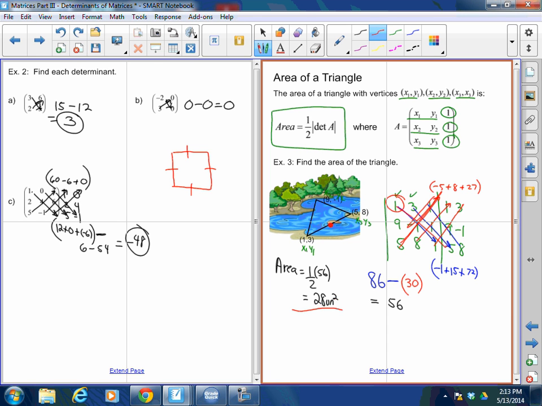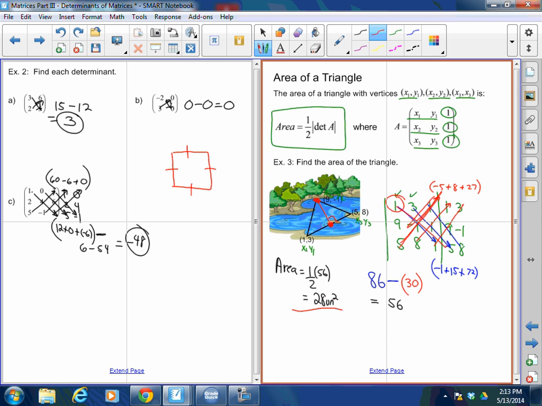And then from the midpoint, you could drop down a 90-degree angle, but you better make sure that 90-degree angle cuts that side in half, which is where you'll be a little bit stuck. But actually, no, you don't even need to do it in half if you have the whole thing. Then you find the distance from the midpoint to the 9, negative 1, which is the distance formula, and then you could do base times height divided by 2. Genius thinking, yes. But it's quicker if you just use the determinants.